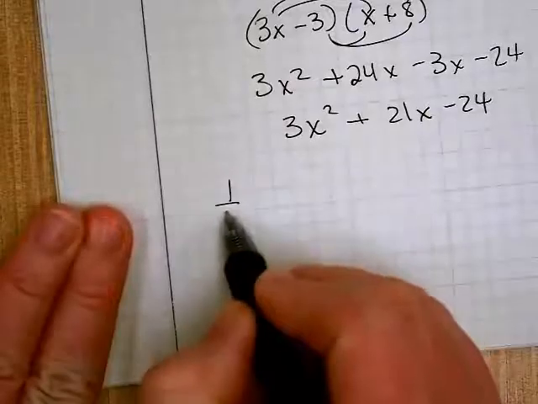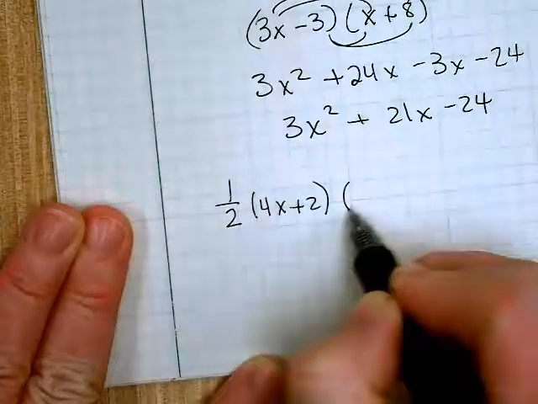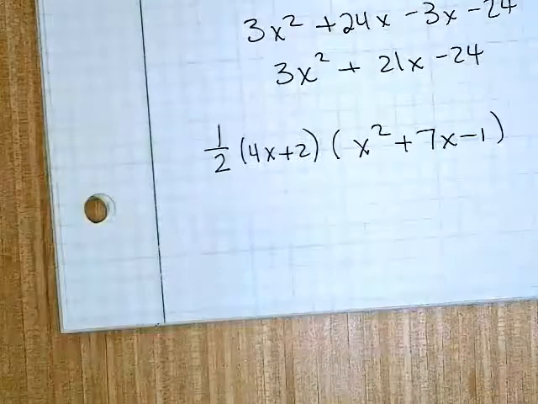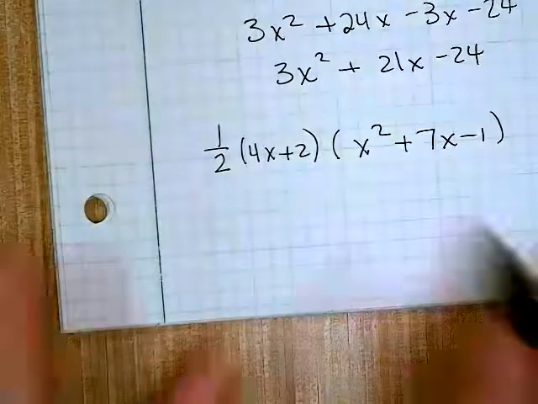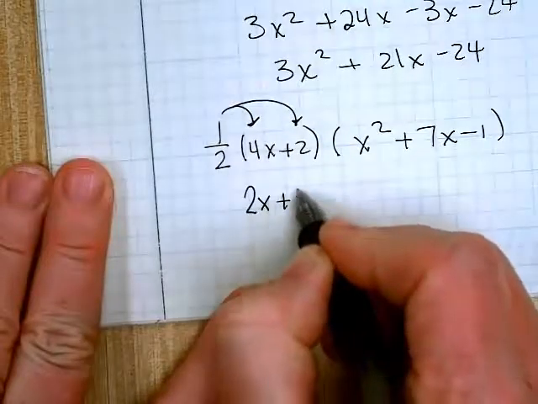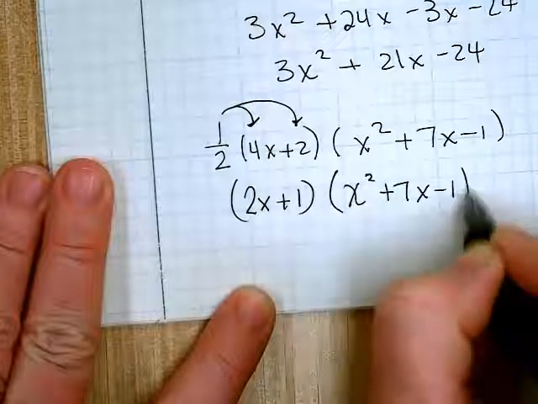And the last one, it's 1/2 the base, which is 4x plus 2, times the height, which is x squared plus 7x minus 1. Distribute the 1/2. It's going to give you 2x plus 1 times x squared plus 7x minus 1.